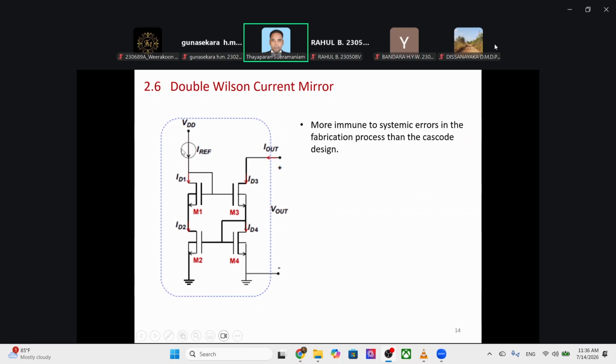Variation in VDS here, because here the variation is better, Iout, right? So it will force the current on this part. Better variation means less noise; more variation is more problem.